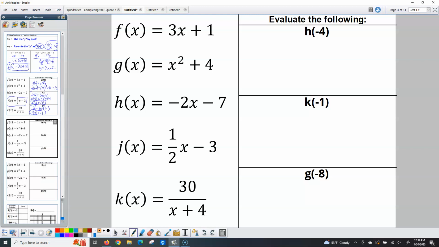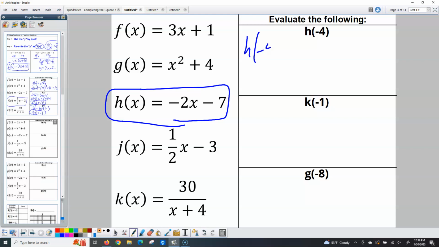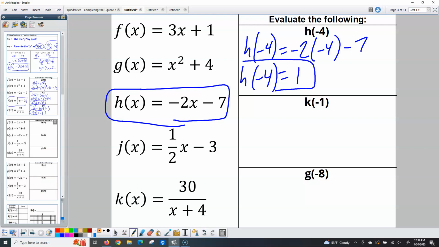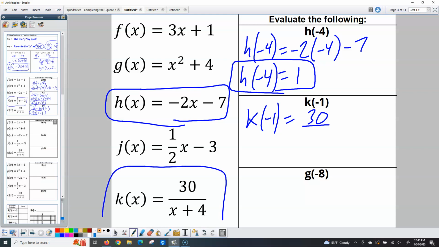H of -4. So I'm going to use the h function. I'll have h of -4 equals -2 times -4 minus 7. So h of -4 equals, I think, 1. So whenever x equals -4, that means y equals 1. K of -1. Just going to plug it in to the k function right there. 30 over -1 plus 4.